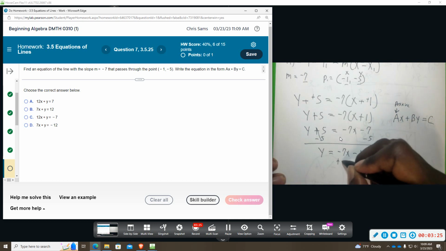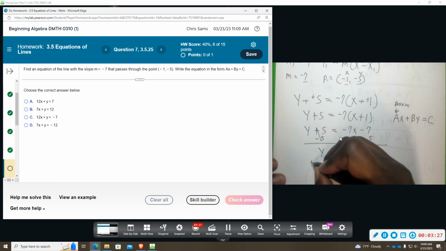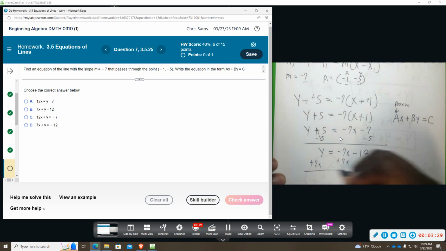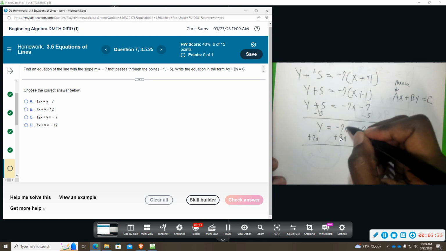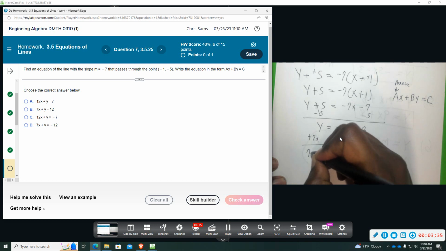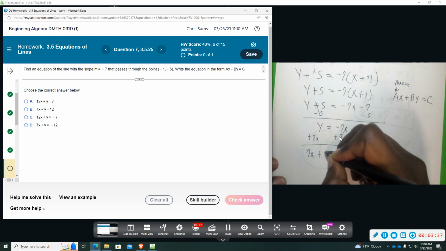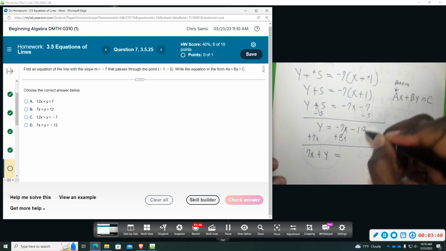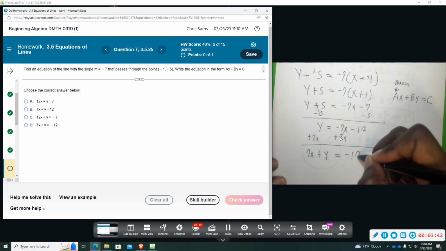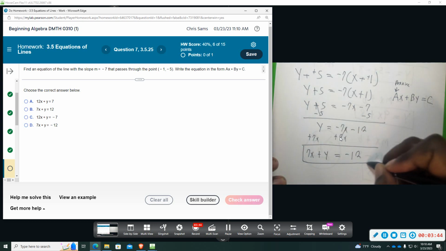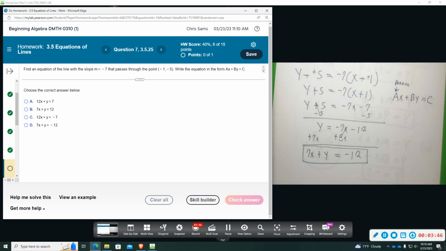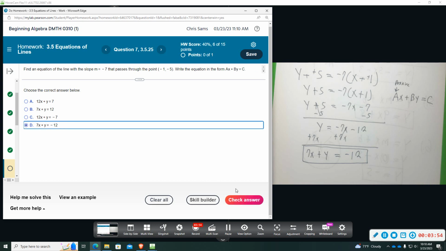So plus 7x. And then that will leave us with 7x plus y equals -12. Okay, so this is what we're coming up with for standard form. 7x plus y equals -12, and that looks like answer choice D.